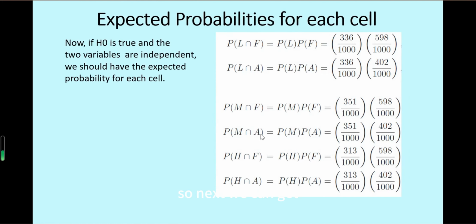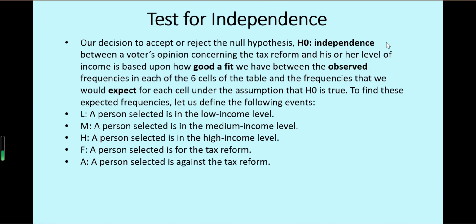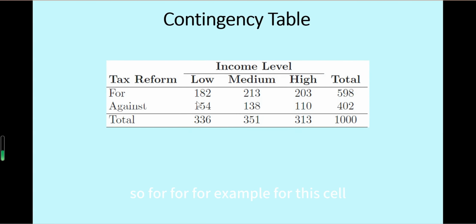So next, we can get the expected cell number, or say the expected frequencies for each counting in each cell by multiplying two marginal probabilities. So we look at this table again. For example, for this cell, people against and with the low income, we just multiply these marginal proportions with these marginal proportions.